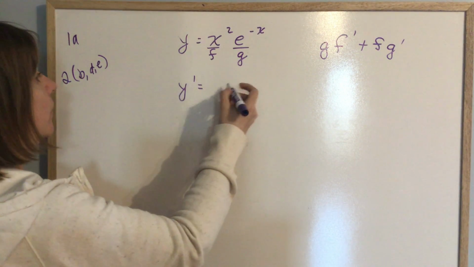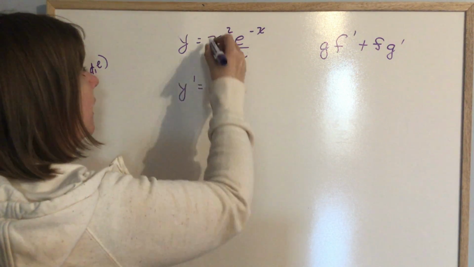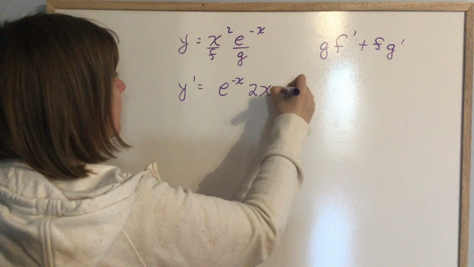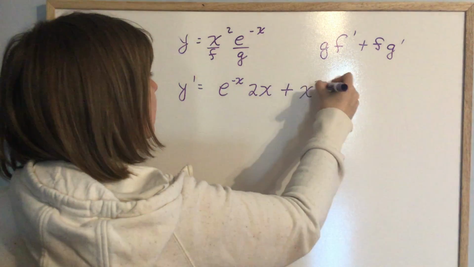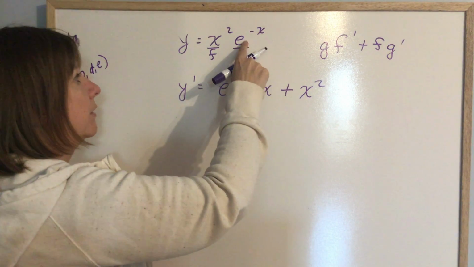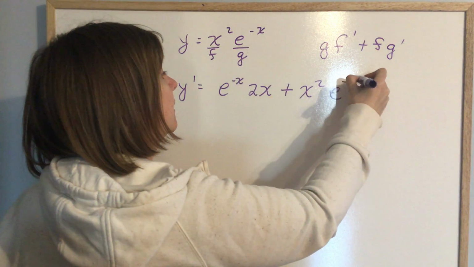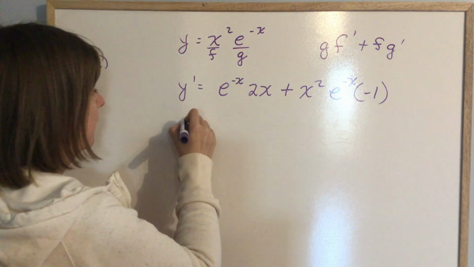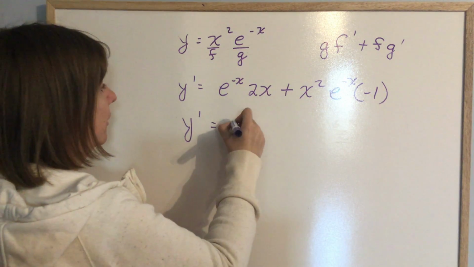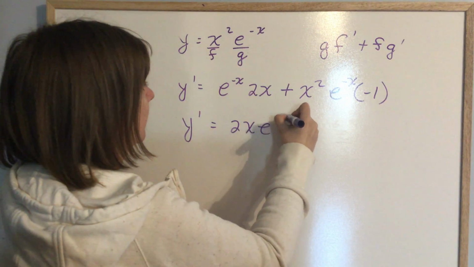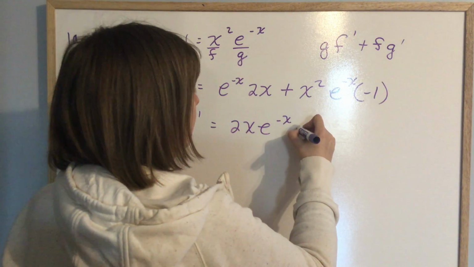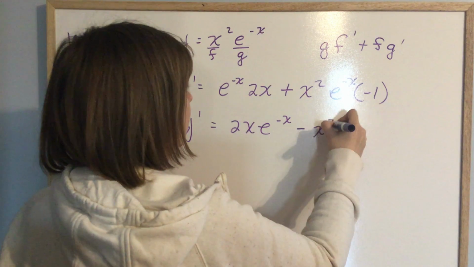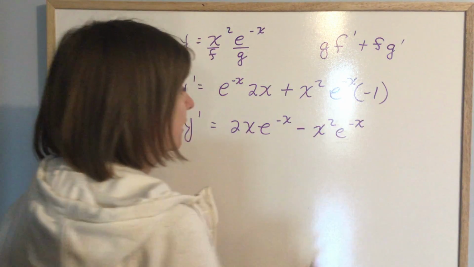If I'm going to do the derivative, g f prime plus f g prime, the derivative of e to the x is e to the x, the derivative of negative x is -1. So I have 2x e to the negative x minus x squared e to the negative x.